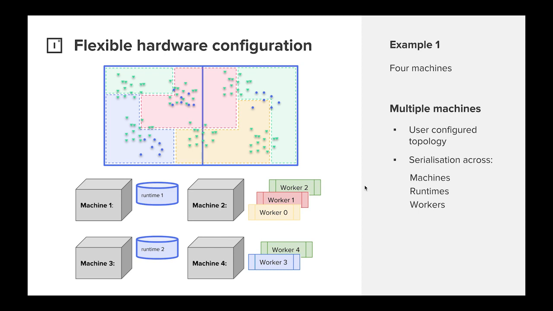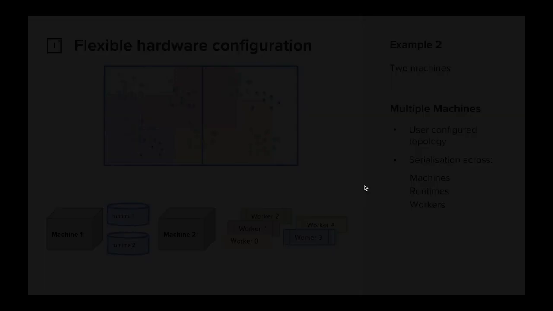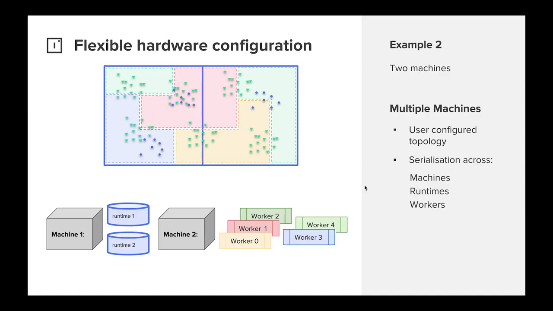You haven't had a chance to optimize your server-side processes as much as you'd like, but you have a meeting with a publisher and you want to ensure that the playtest is successful. So you can throw a load of hardware at it. You can throw 4 machines, 1 runtime on each, and all of your workers running on the other 2. Eventually though, when you've decided on a cost profile and you've done all of your load testing calculations, you can then adjust that topology to make more sense for what the actual live game will look like.